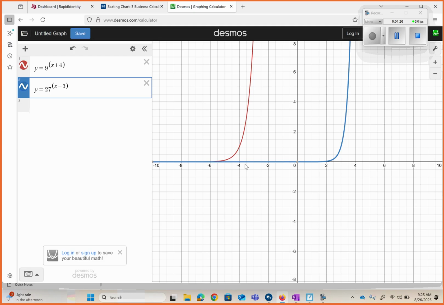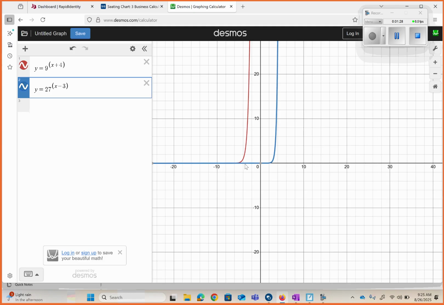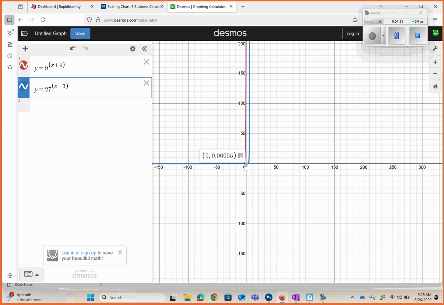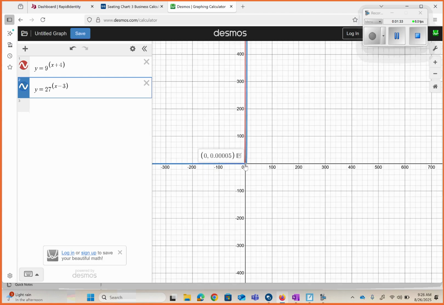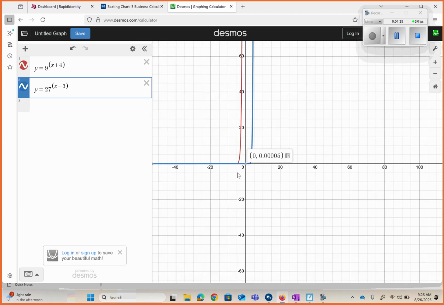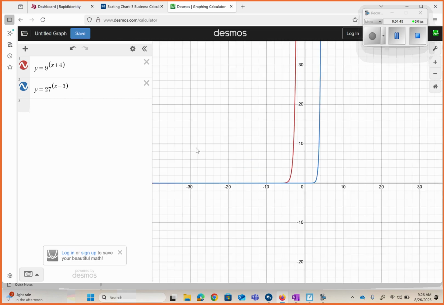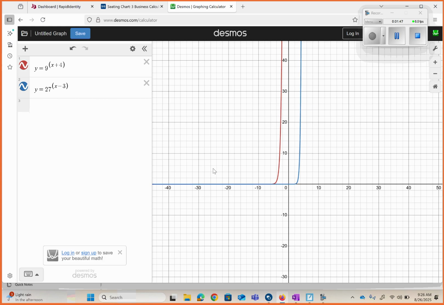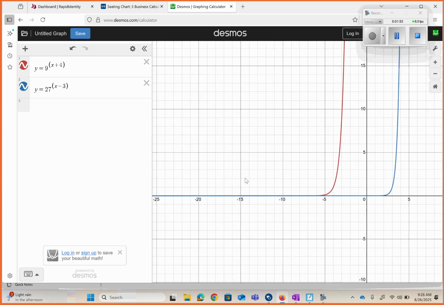All right. So, I take that back. I don't think these are going to intersect at a really high level. I think they're crossing somewhere down here. But I don't know, let's see. It's not getting a gray dot.